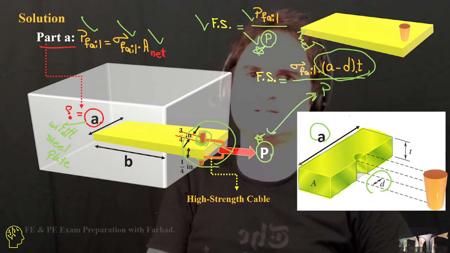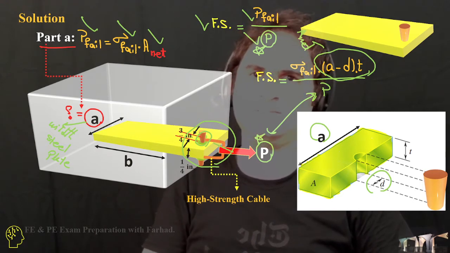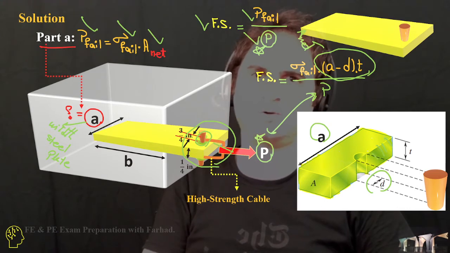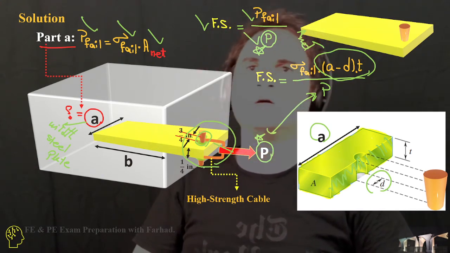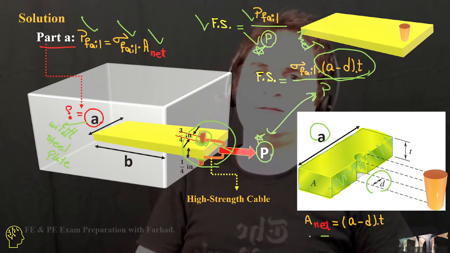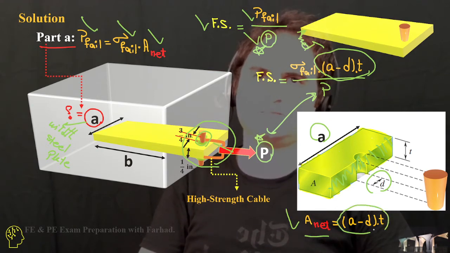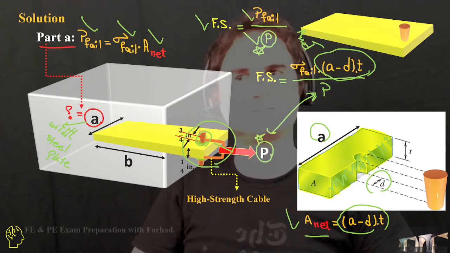That's A minus D, times T, which is the thickness. So we're talking about this area, and A net is A minus D times the thickness.